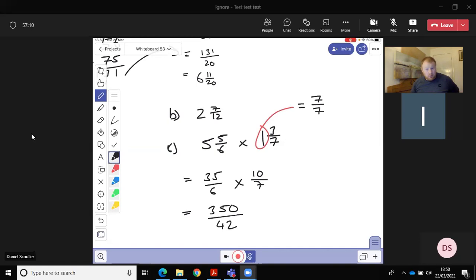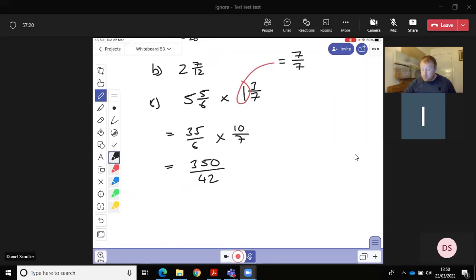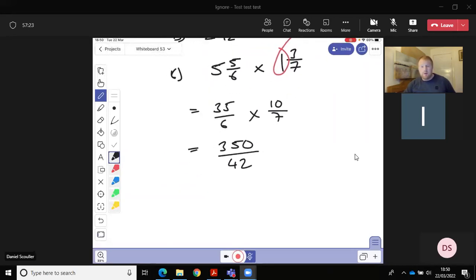Now that's a big number. Perfect. Now, there's two things you can do here. You can simplify this as much as you can at this point. It's not an obvious simplification, but if I've got something like that in front of me and I can half both the numbers, then I do that.